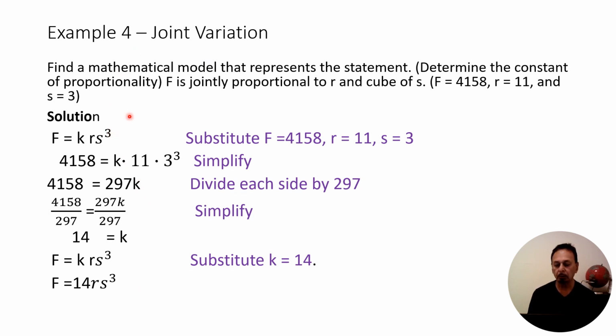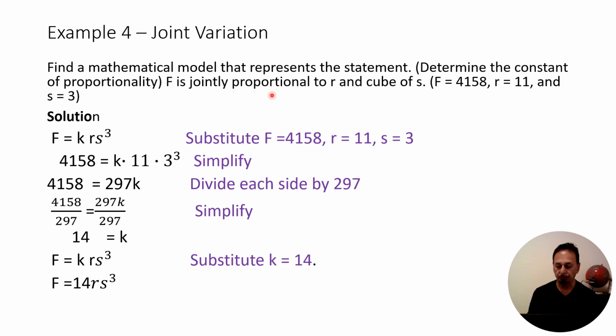Example 4. Find a mathematical model that represents the statement. F is jointly proportional to r and the cube of s. F is equal to 4158, r equal to 11, and s is 3.